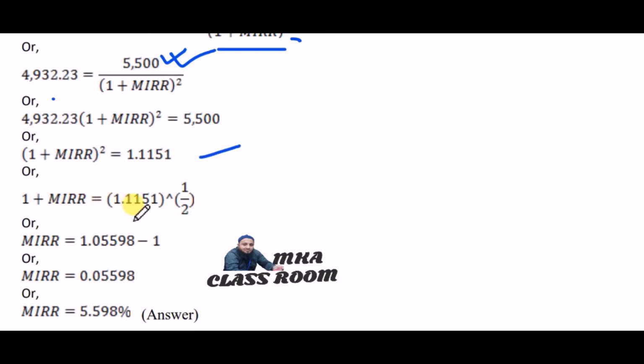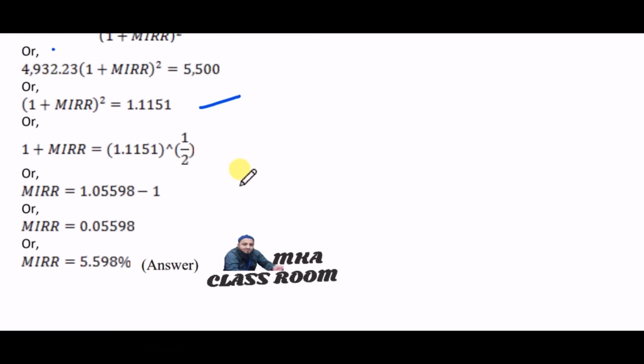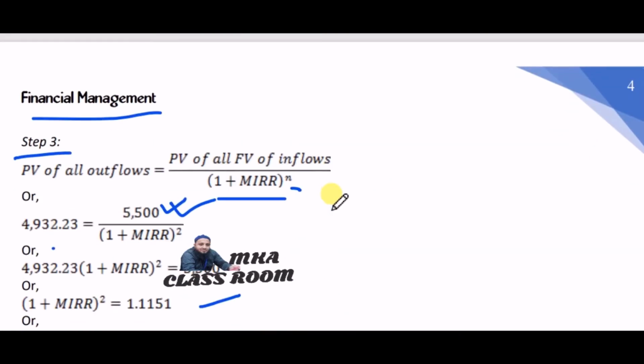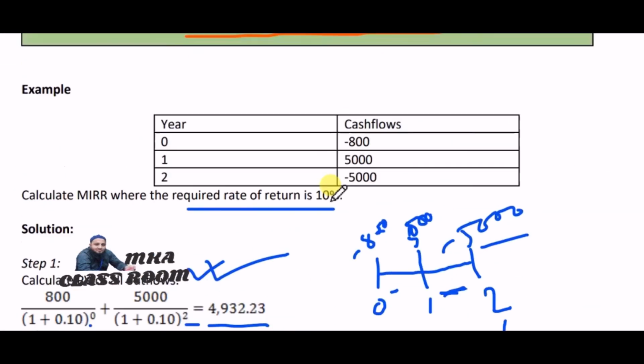Then 1 plus MIRR, here is the power, so it should be power half, 1 by 2. So MIRR equals 1.0559 minus 1, MIRR equals 5.598%. So in this way we can easily calculate MIRR.